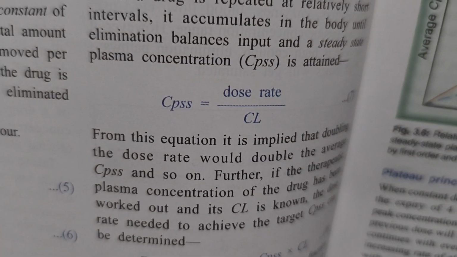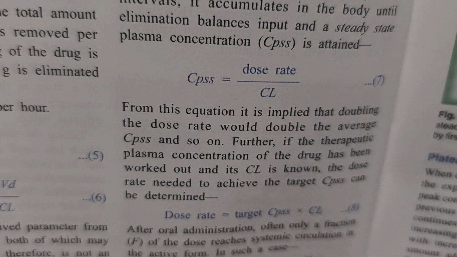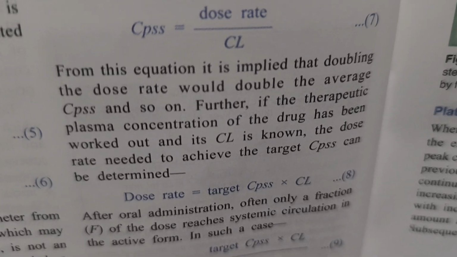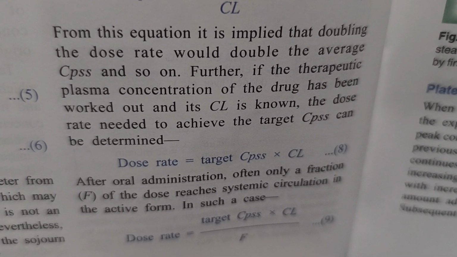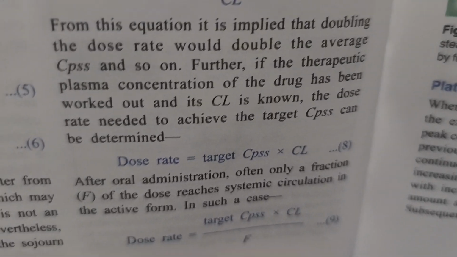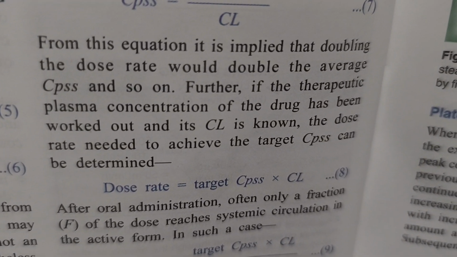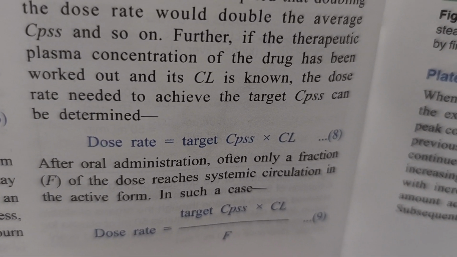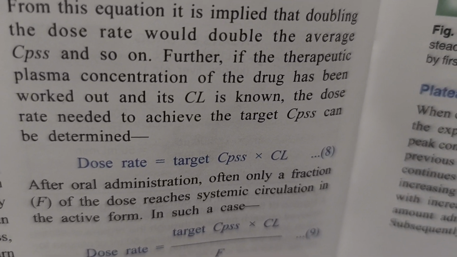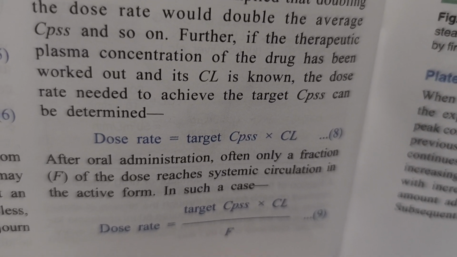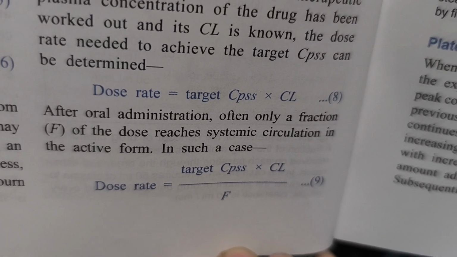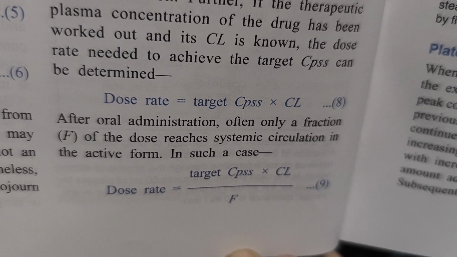From this equation, it is implied that doubling the dose rate would double the average CPSS and so on. Further, if a therapeutic plasma concentration of the drug has been worked out and its clearance is known, the dose rate needed to achieve the target CPSS can be determined. Dose rate equals target CPSS times clearance.